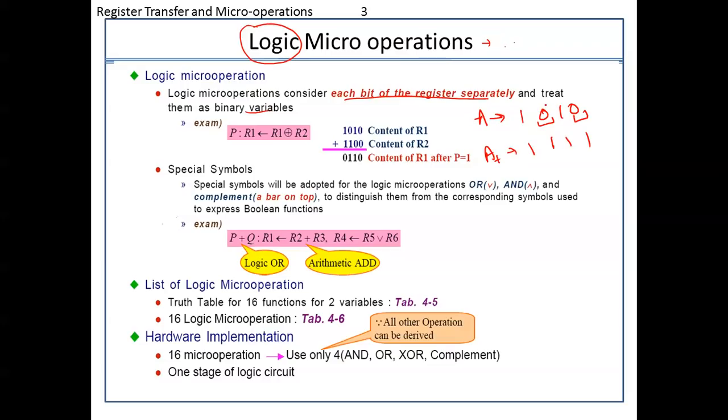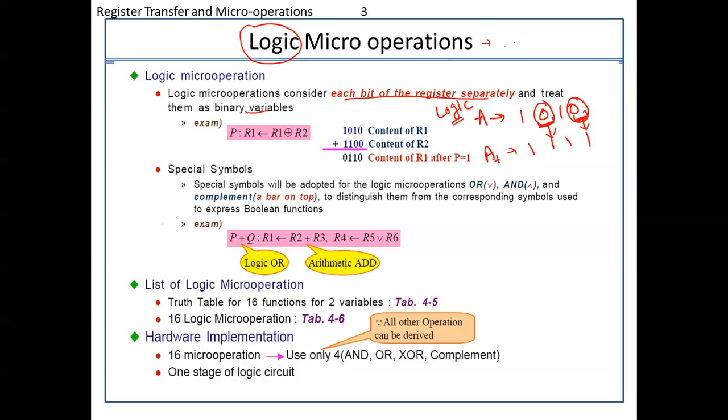It means I will be treating the bits of the register individually and separately, and how I treat these bits to get this result will be performed through the use of logic microoperations.